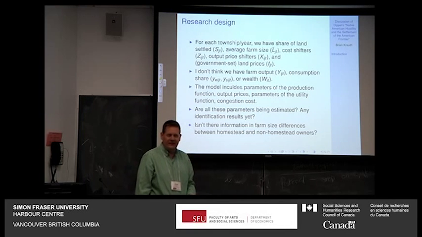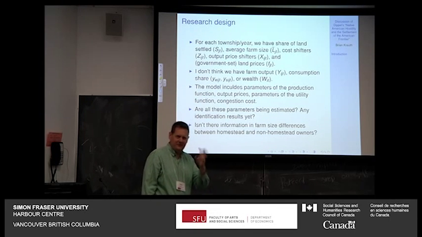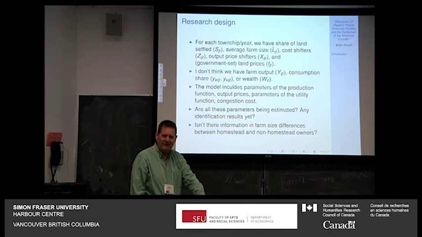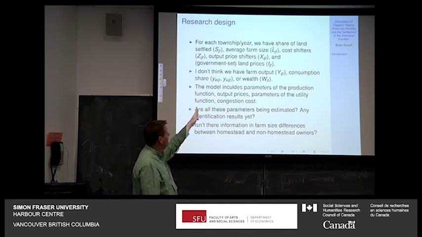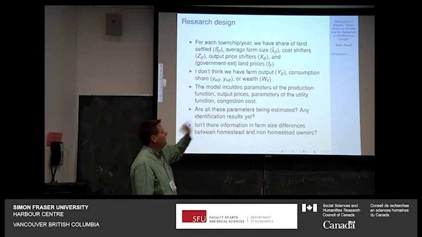So, my understanding of the data that's available, Christian, and I could be assuming you don't have things that you do or vice versa, is that you have the share of the land settled in each township and year, you have the average farm size, you have some cost shifters, which I'll call the Zs.